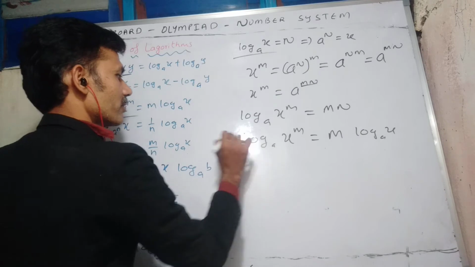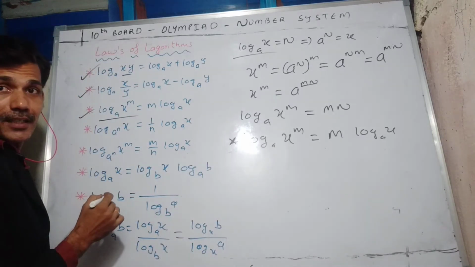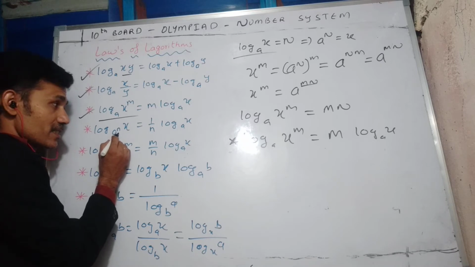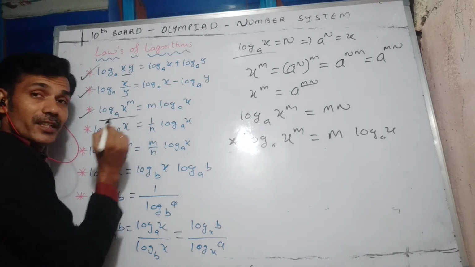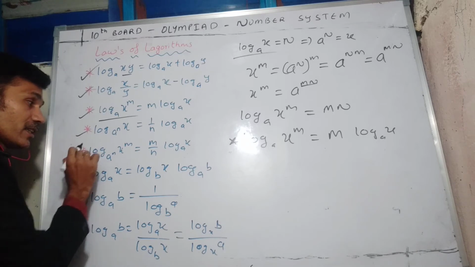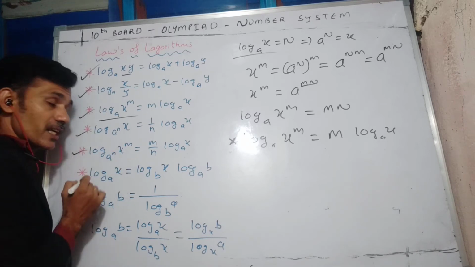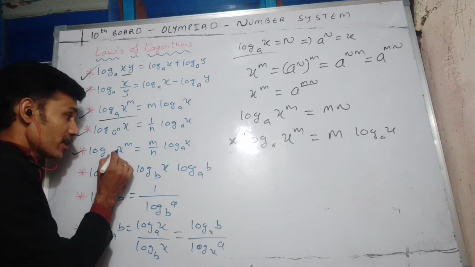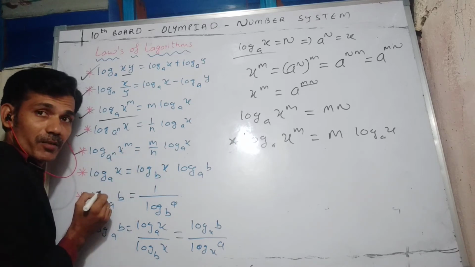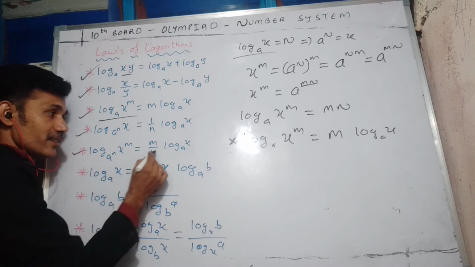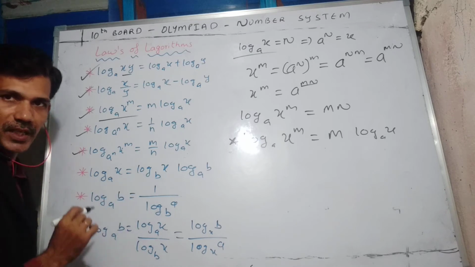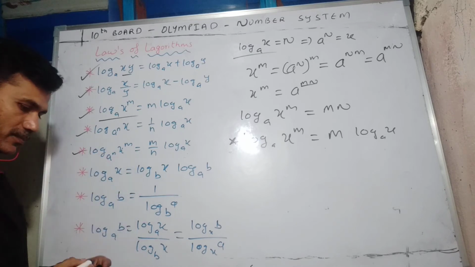This is important formula. Similarly, if you are having the exponent for base, that can be written in denominator. This we can prove. Another, if both argument and base are having powers, this argument exponent will come to numerator and the base exponent will come to denominator. We can verify this. See, this is another important law.